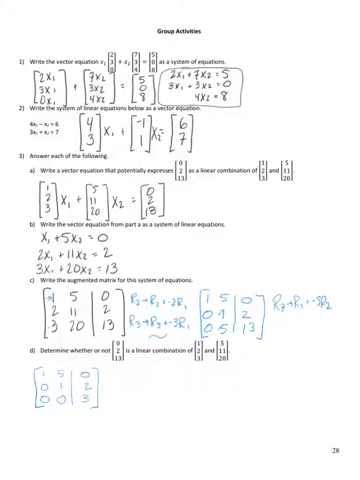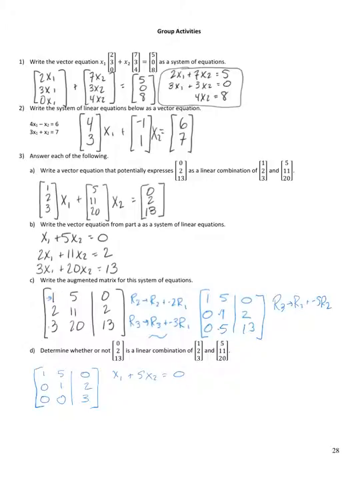Okay, so if I translate this back to equations, I now have it in echelon form. I have 1 in each pivot position with zeros below it. So it's not reduced echelon form, but it's echelon form, which is enough to be able to tell if the system is consistent. So this first row says that x1 plus 5x2 is 0.